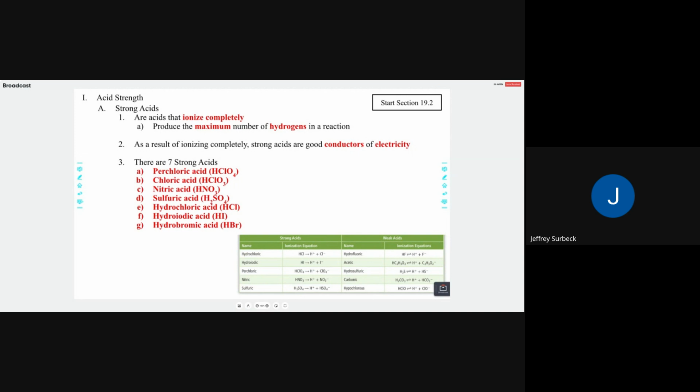Then we got into our Bronsted-Lowry acids and bases, and a Bronsted-Lowry acid and base is a lot more inclusive, because an acid is considered an H plus donor, a hydrogen ion donor, and a base is considered a hydrogen ion acceptor.